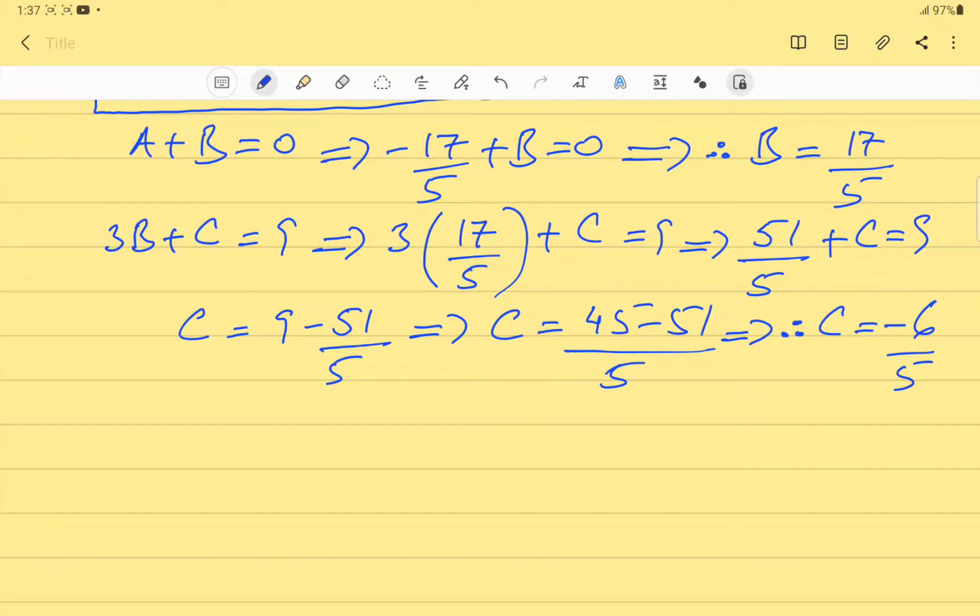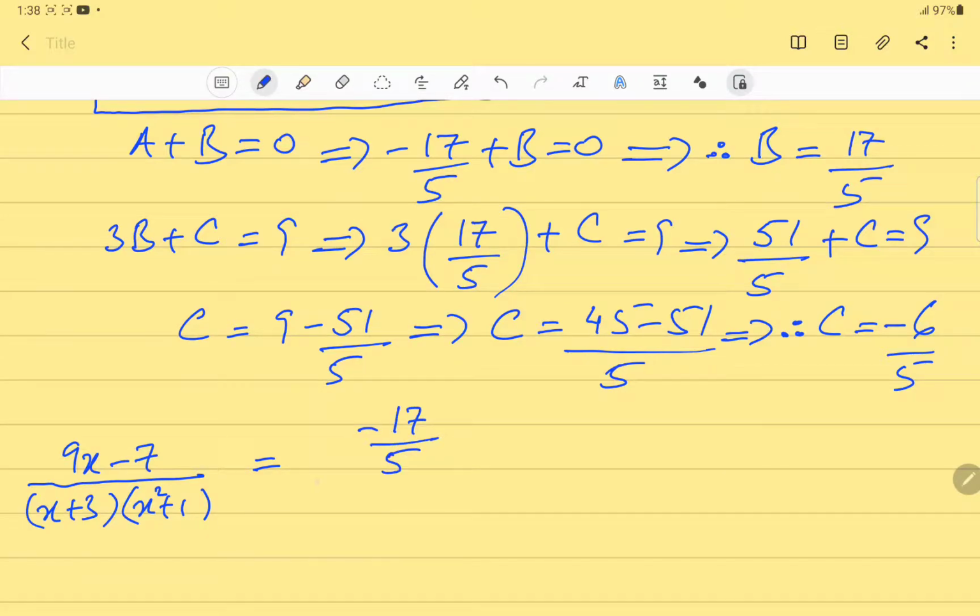the partial fractions. Our fraction is (9x − 7)/((x + 3)(x² + 1)) = a is −17/5 over x + 3 plus (bx + c), where b is 17/5 and c is −6/5, over x² + 1.